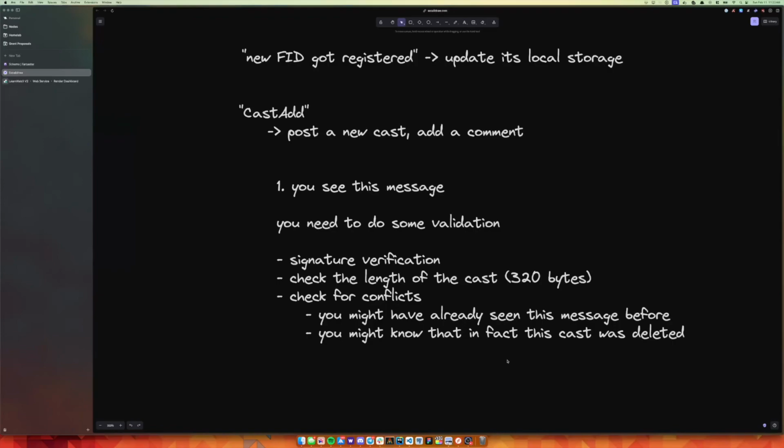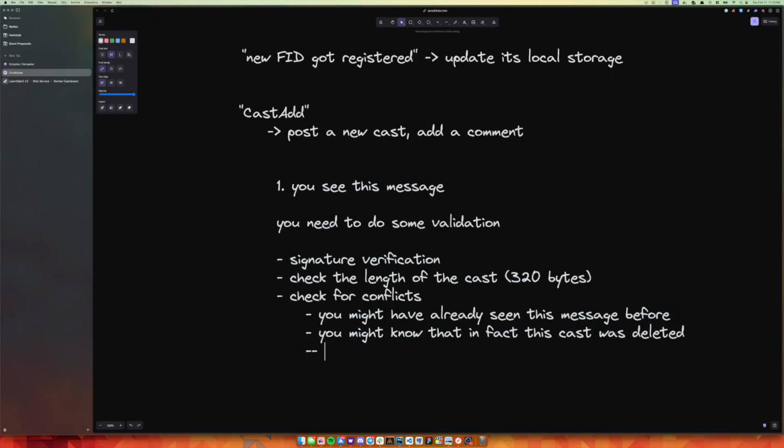It's a peer-to-peer network. So you might have gotten a message from some different hub saying this cast has actually been deleted, and then you get the cast add message from a different hub. So you might know this was deleted, in which case, again, you don't really care about this too much.